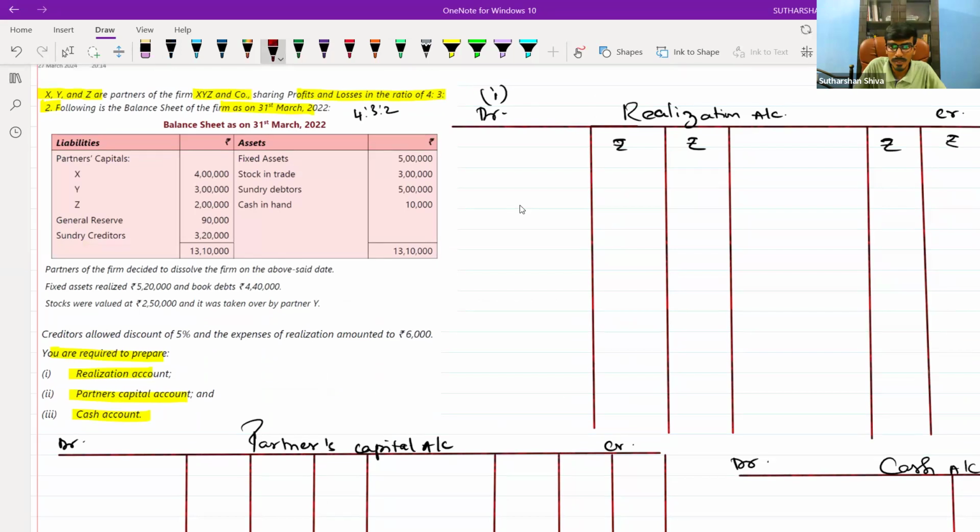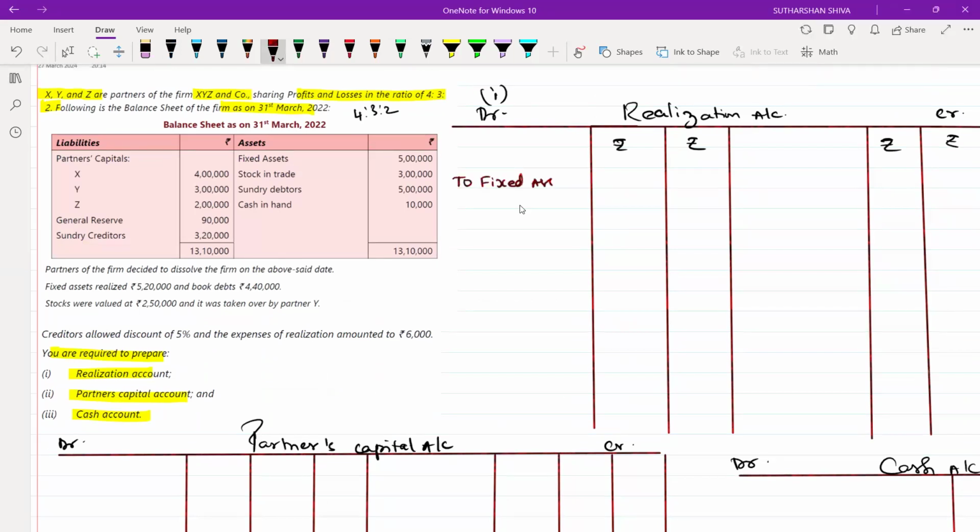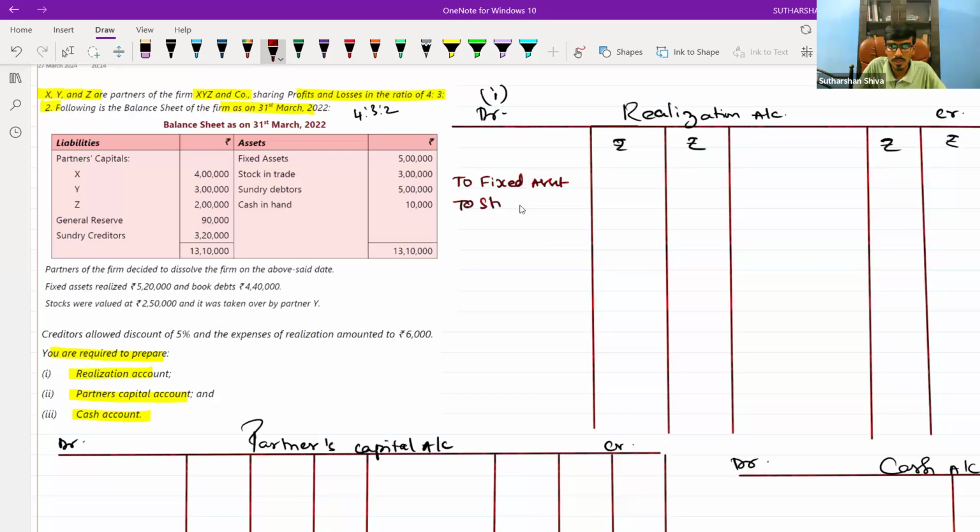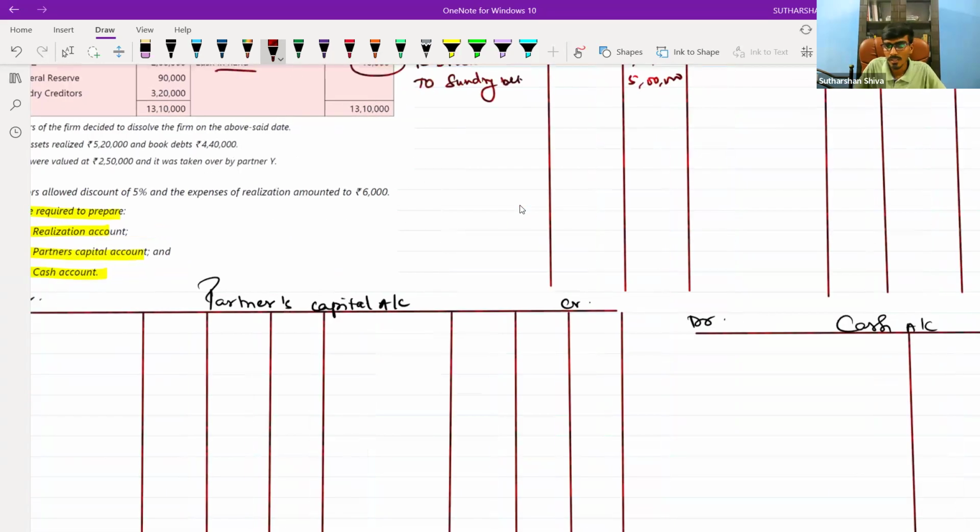Write down: to assets, to stock in trade, to sundry debtors, 5 lakh, 3 lakh, 5 lakh. The cash account balance should get transferred to the cash account: by writing on the debit side, by balance brought down 10,000.